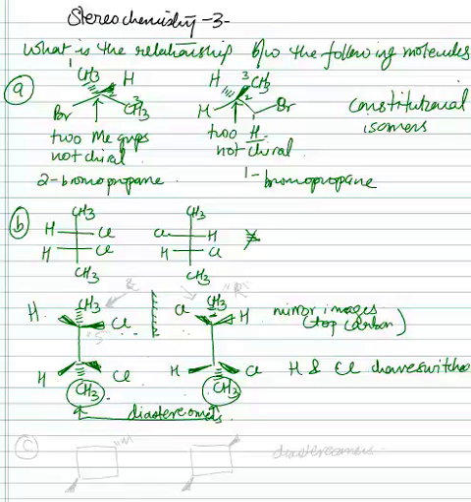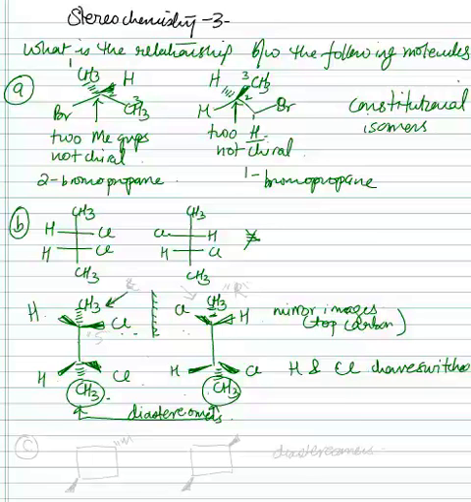The last way you can confirm whether you have diastereomers or enantiomers is by figuring out the R and S of each of these. If you want to do that really quick, let's do that. For this one, chlorine is coming out. This is the lower priority, and the hydrogen is the lowest priority. It's coming out, so you need to keep it behind. So look from here at this molecule.